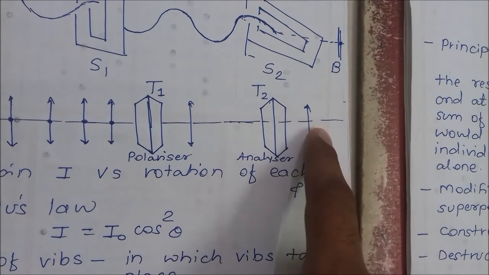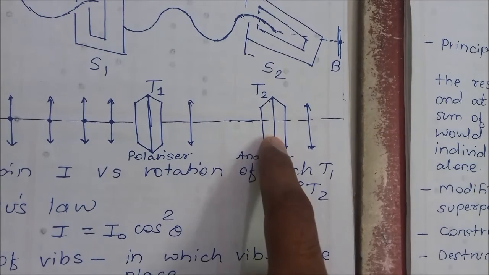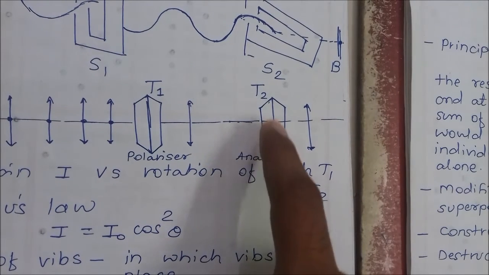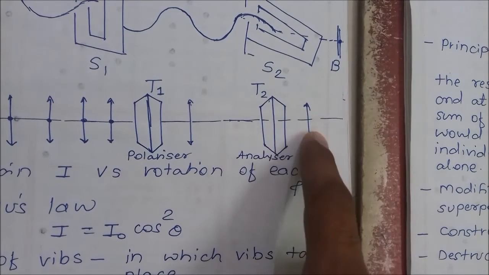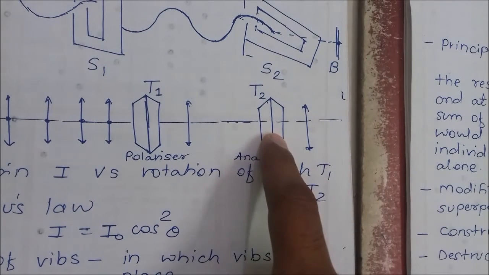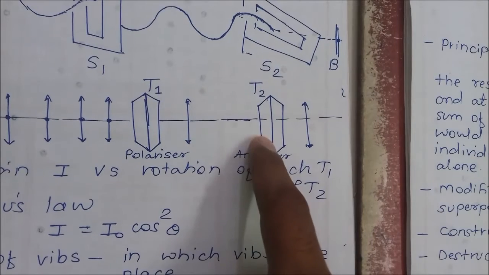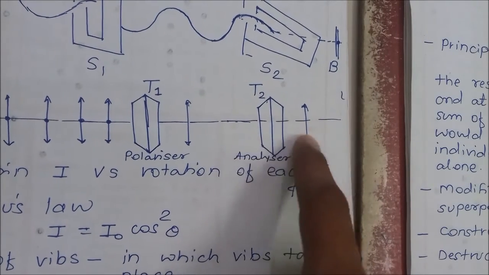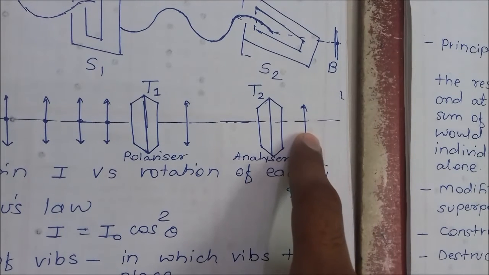Intensity again increases and becomes full when this crystal becomes upside down. As I rotate again to 270 degrees, this crystal becomes horizontal and intensity again becomes 0. And at 360 degrees, this crystal regains its position and intensity again becomes full. So for a full rotation we get 2 maximas and 2 minimas.